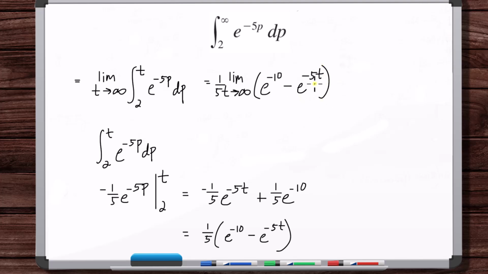Okay, as t goes to infinity, this goes to 0. And so this limit approaches e to the minus 10. So 1/5 e to the minus 10. This converges to, and it's equal to 1/5 e to the minus 10. Okay.